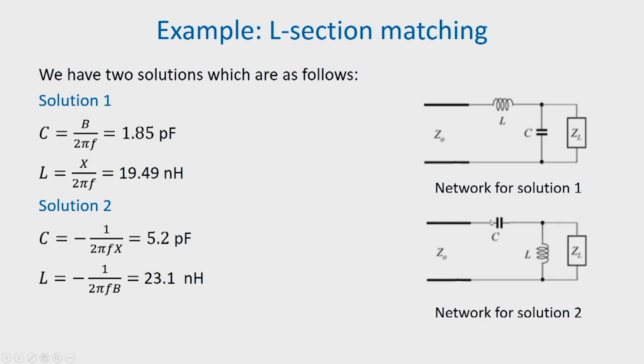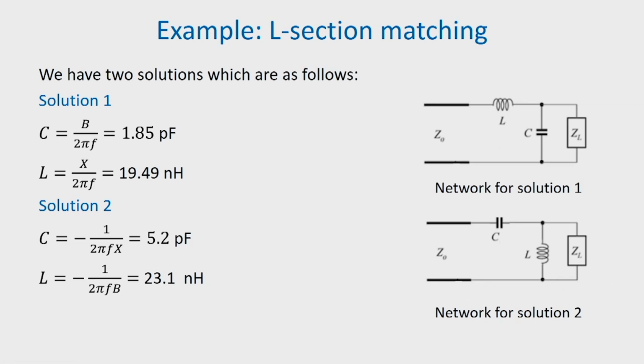Here you can see the series reactance is an inductance. Here the series element is a capacitance. Here the shunt element was a capacitor. Now the shunt element becomes an inductor, and both circuits will be able to match the given load impedance at the given frequency.